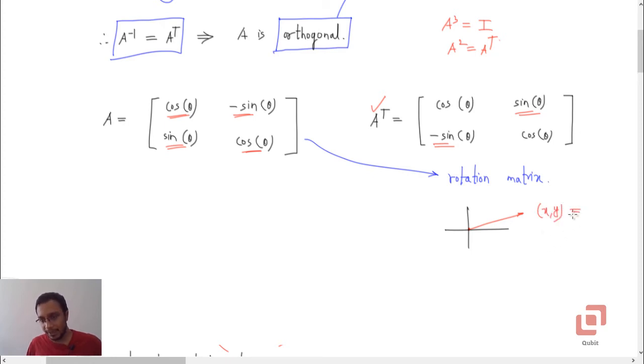So you can have the associated column matrix as x, y, and if you pre-multiply it by A, then what you'll get is a new vector with the same magnitude as that of this. But this time, this new vector will be the original vector rotated in anti-clockwise direction by theta.